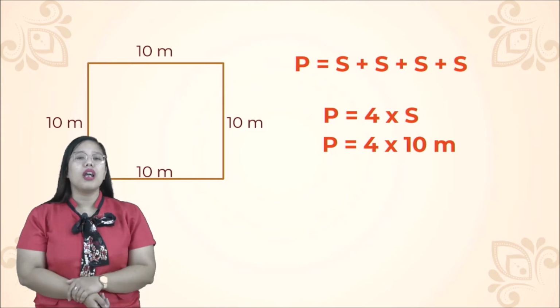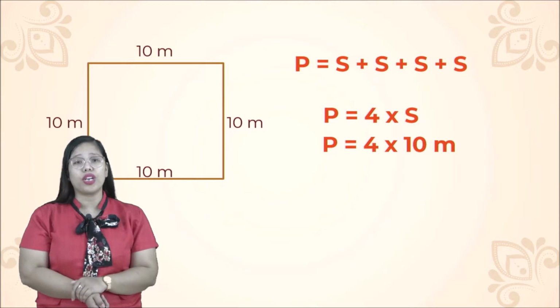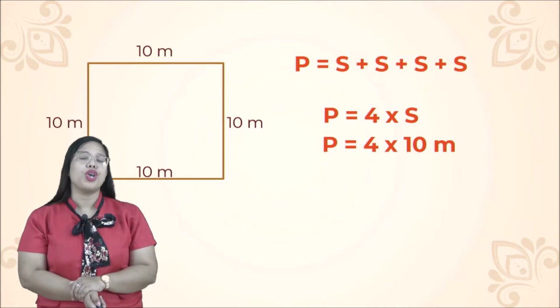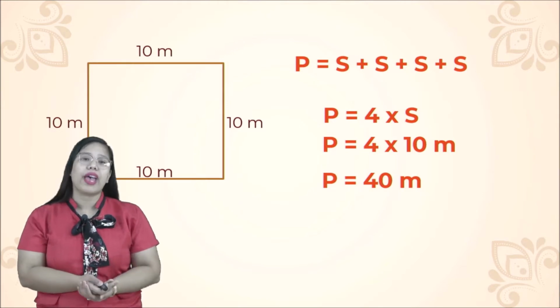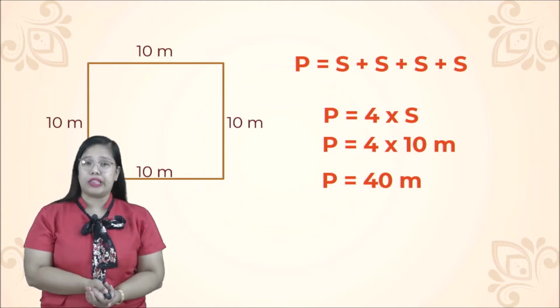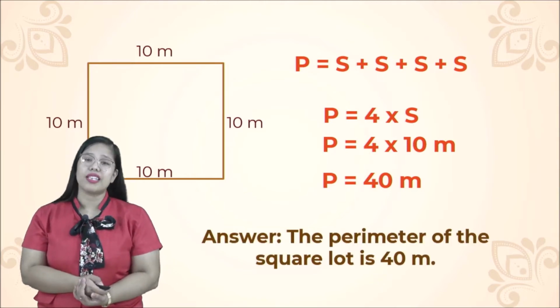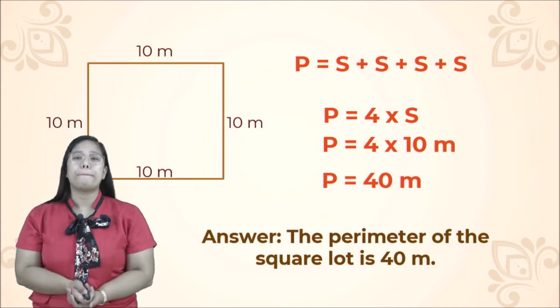Because our measurement is 10 meters. So 4 times 10 is 40. We rewrite the unit of measure, which is m, or meters. So the answer is: the perimeter of the square lot is 40 meters.